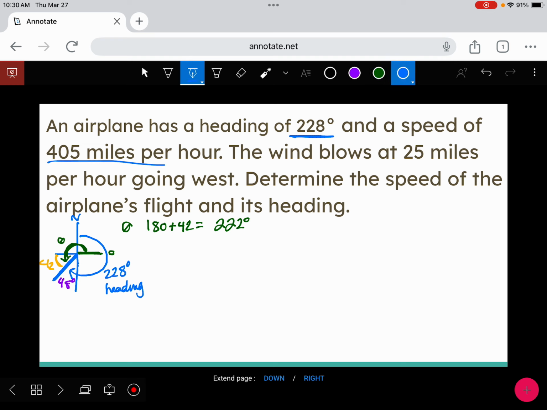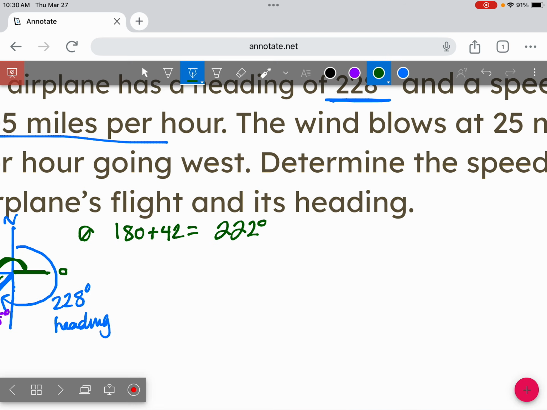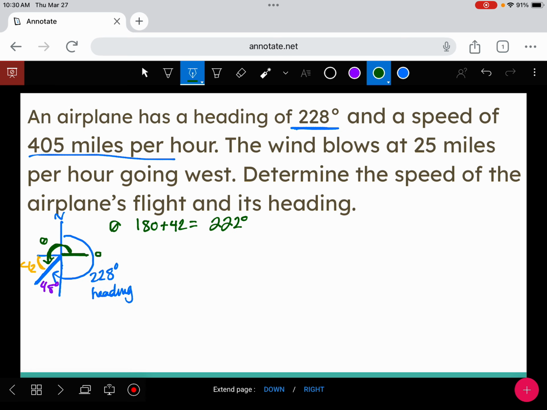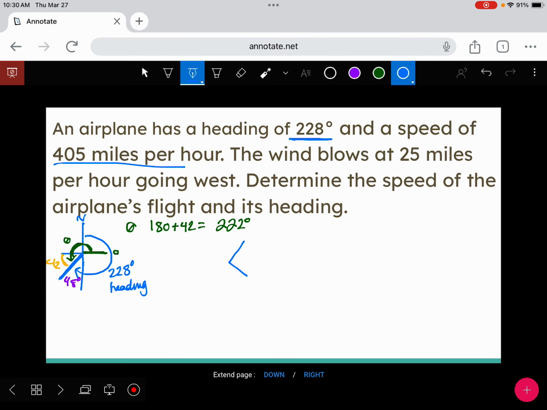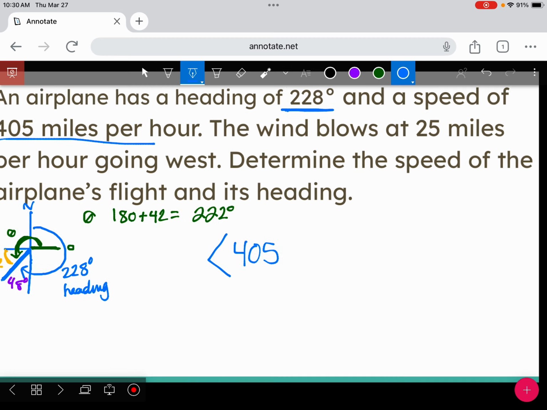So we can write the vector for the plane because we know its speed and we know its angle. Our magnitude is going to be that speed. Everything is looking at speed. So our vector for our airplane, which I'm going to do in blue, is going to be that 405 as our magnitude.